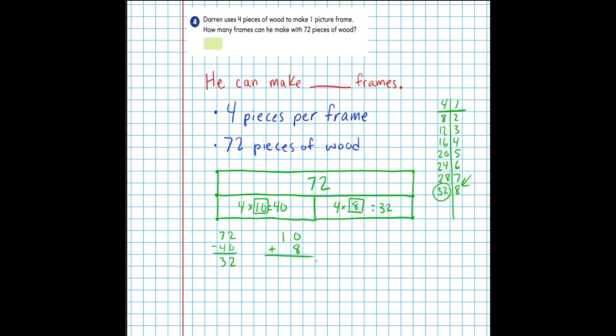So what is 10 plus 8? And I know most of us can do that one mentally. Of course, it's 18. And now we know how many frames Darren could make with 72 pieces of wood. He could make 18 frames.